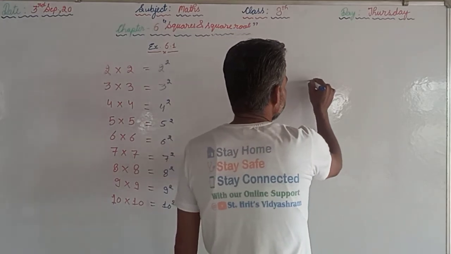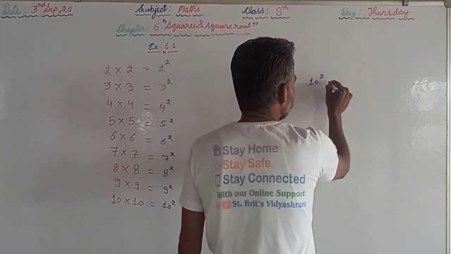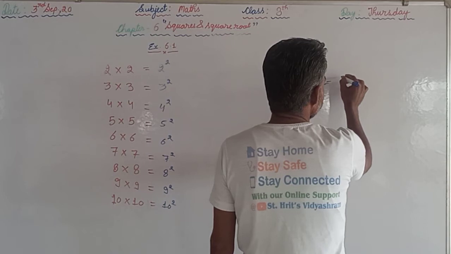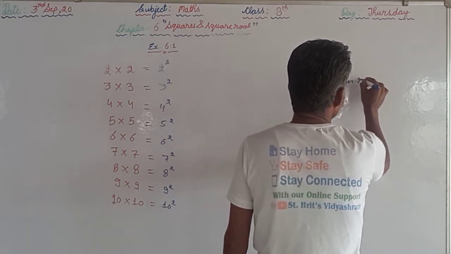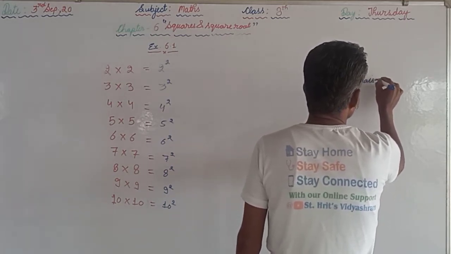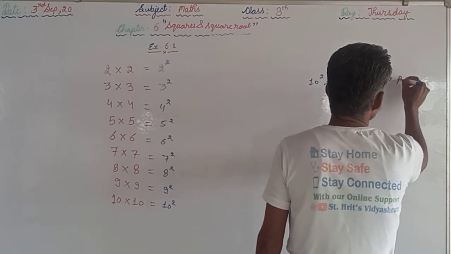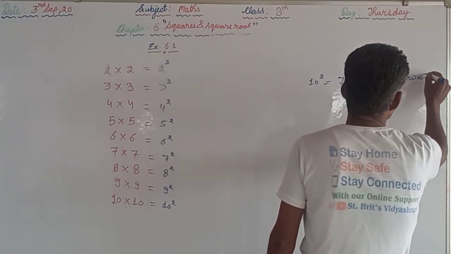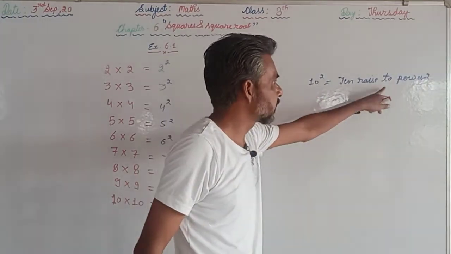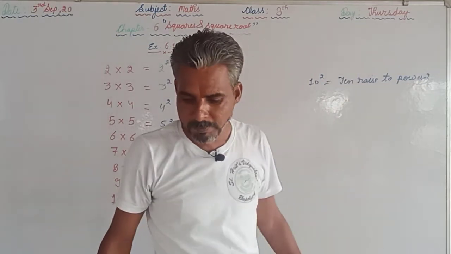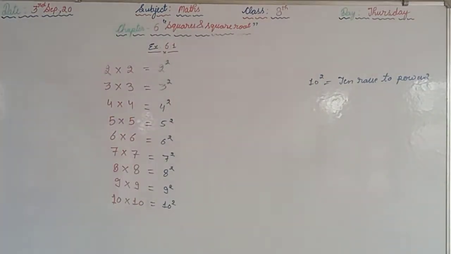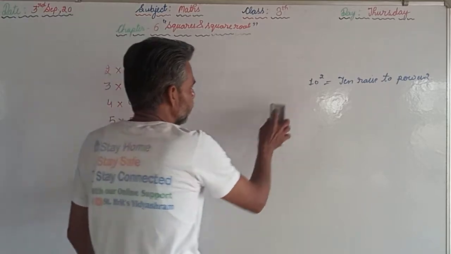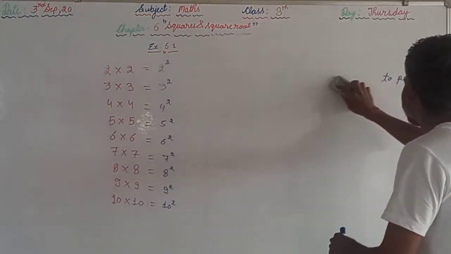Suppose 10 to the power 2, that is read as 10 raised to power 2. So like this we are supposed to read. This is known as the square.